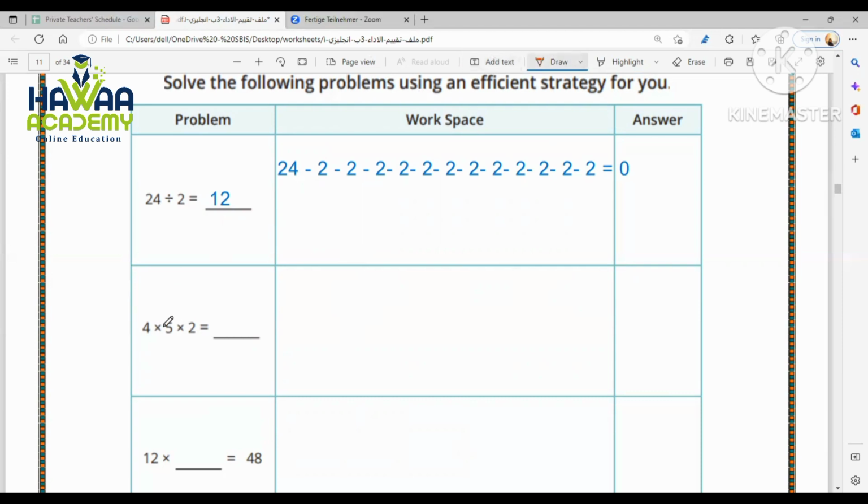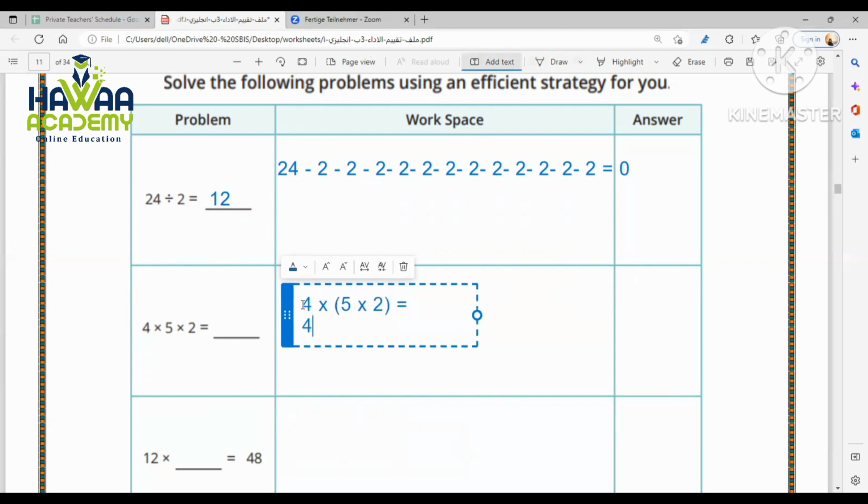Let's see. 4 times 5 times 2. So I can start with 4 times. I can use the associative property now. Here it is. So I can make it like 4 times 10. So it's going to be like 40. Let's use it by a different way.